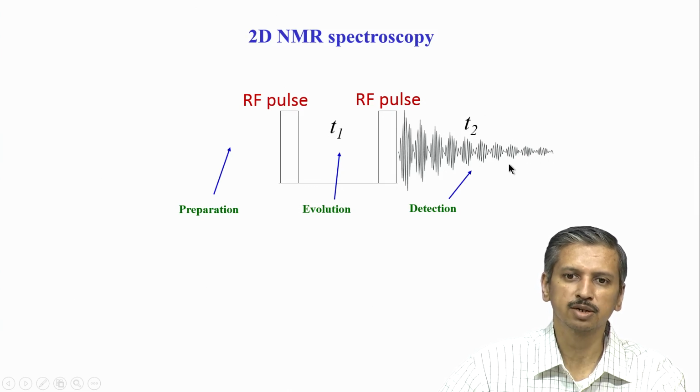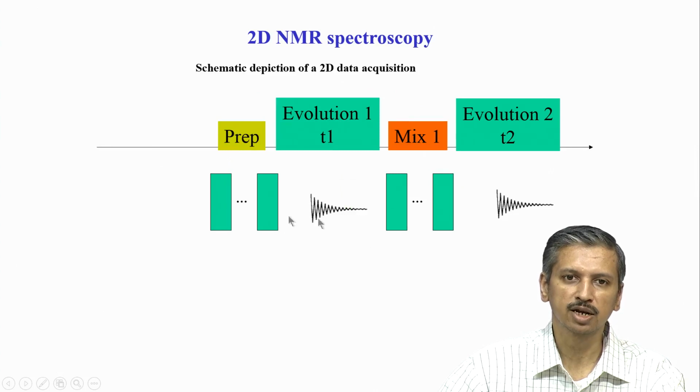So, that is the detection part which I showed you in the previous slide. So, this is a schematic of a 2D NMR experiment. You start with a preparation period, you have an evolution period, you have a mixing period, and then again you have an evolution period.